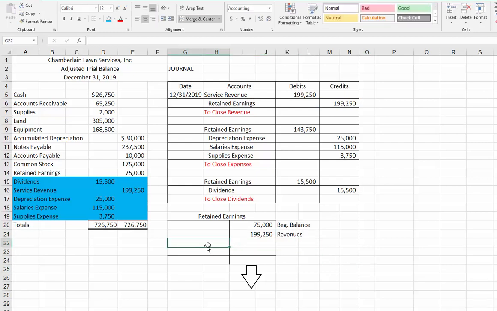We debited retained earnings for $143,750. Those were our expenses. And then we debited it for $15,005, and those were our dividends. Okay, so now our ending balance in retained earnings, remember how to find a balance in your T account.